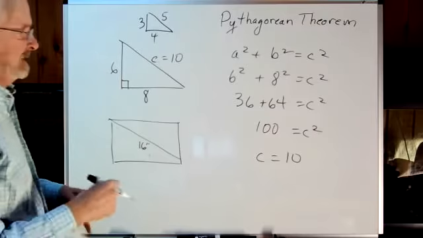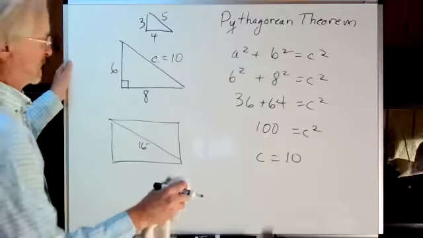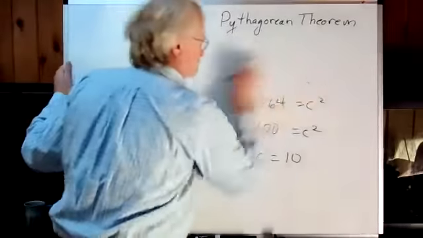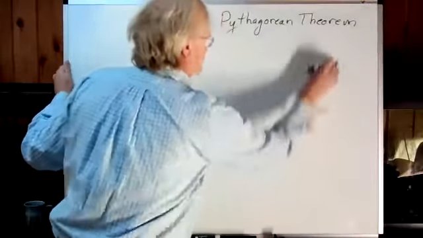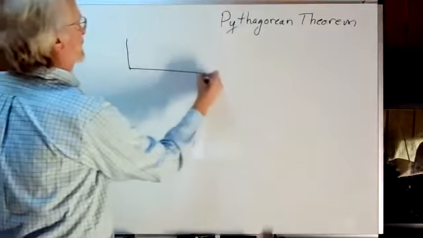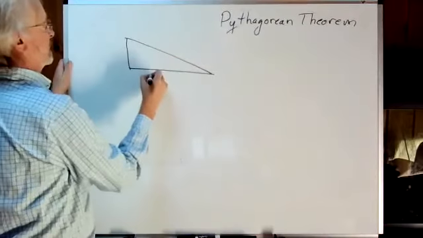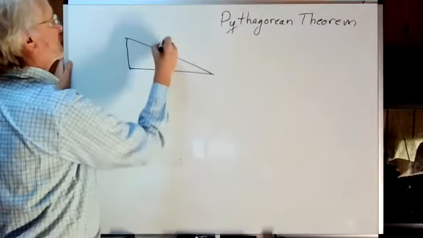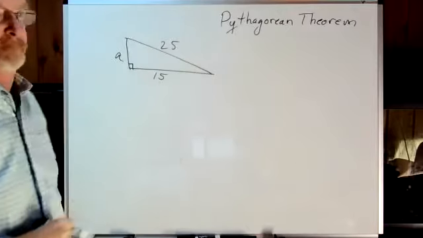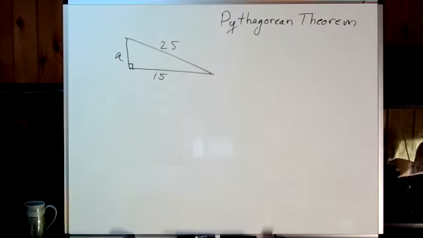One more, in case you want to keep working on homework, kind of related to the one down here. And let's say I have one like this. What's different about this drawing? I know the hypotenuse, I'm looking for one of the legs.